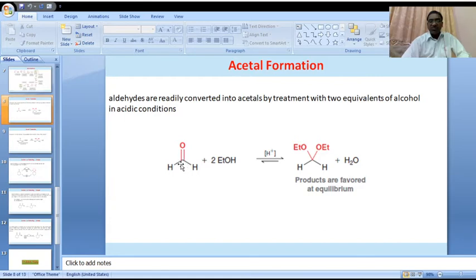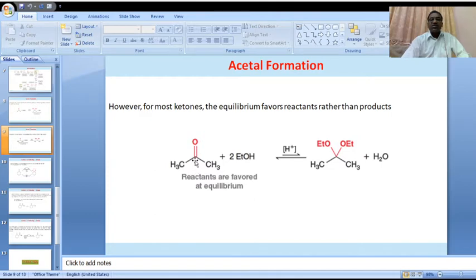But in acetone, the carbonyl carbon is attached to CH3 and CH3. These two methyl groups are electron donating groups, or plus I inductive effect groups.